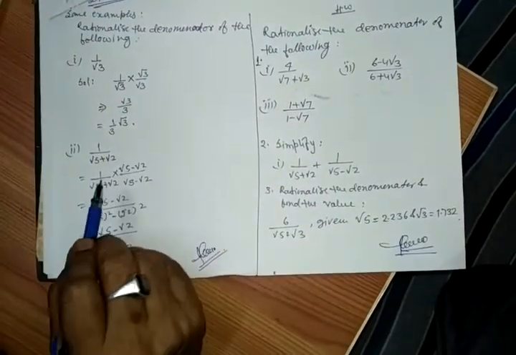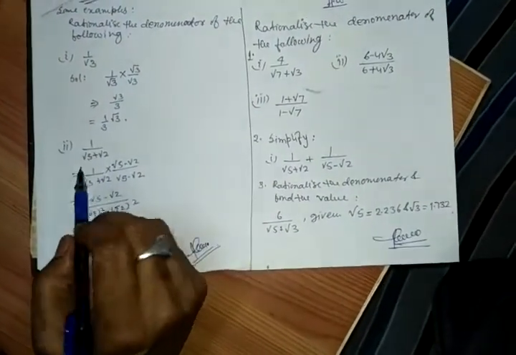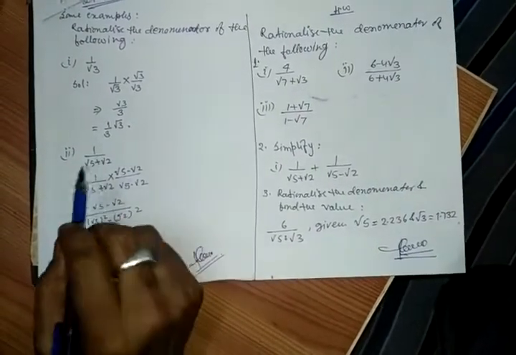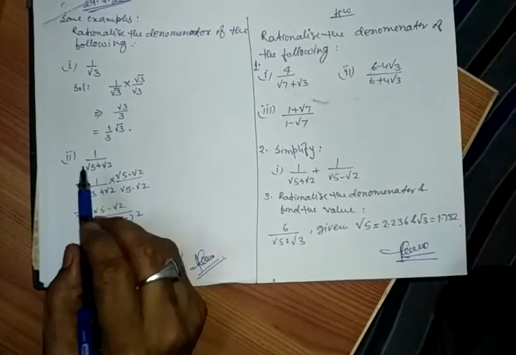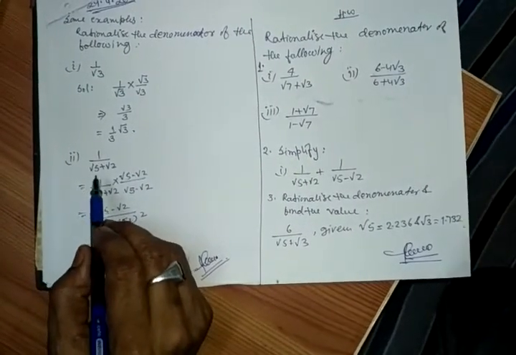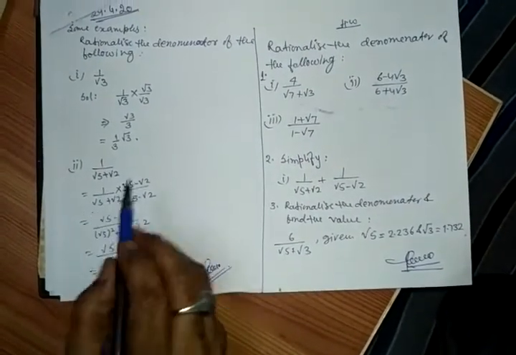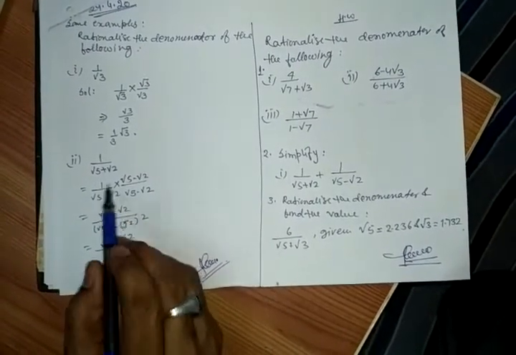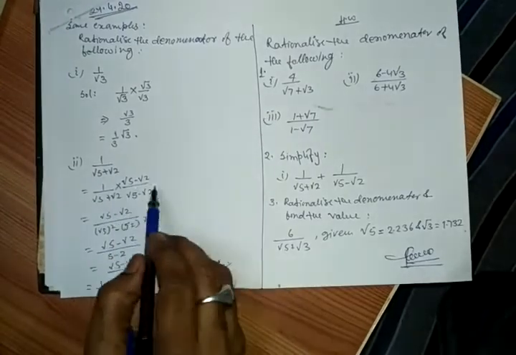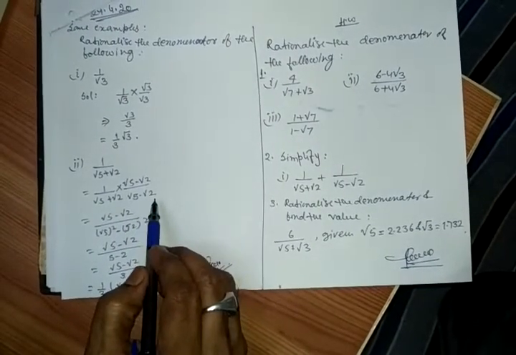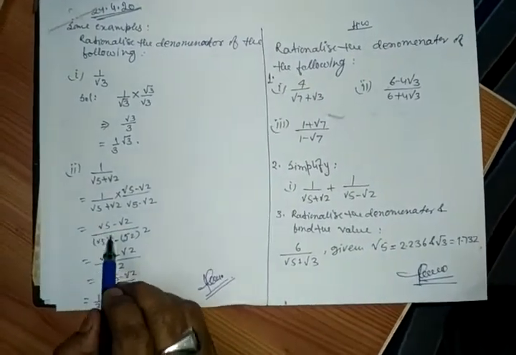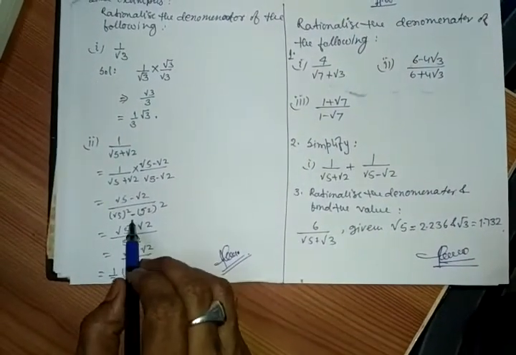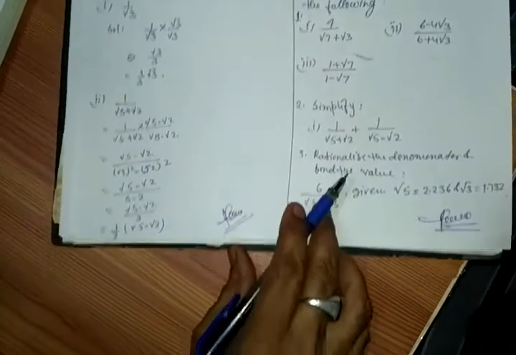Similarly, when the denominator is in a plus b form, we multiply it by a minus b. As 1 upon root 5 plus root 2 equals 1 upon root 5 plus root 2 into root 5 minus root 2 upon root 5 minus root 2. We get root 5 minus root 2 upon root 5 square minus root 2 square.